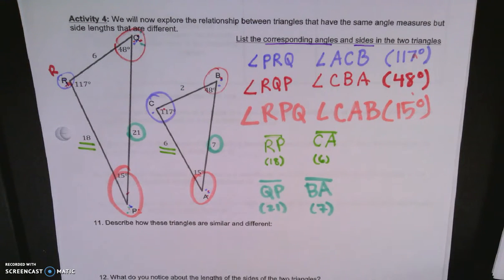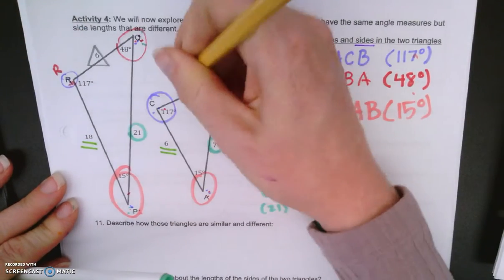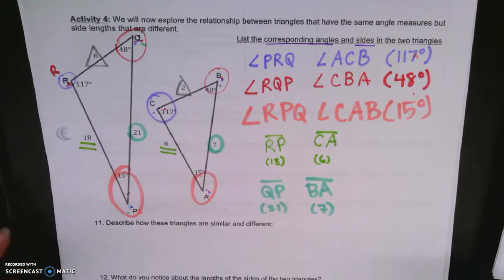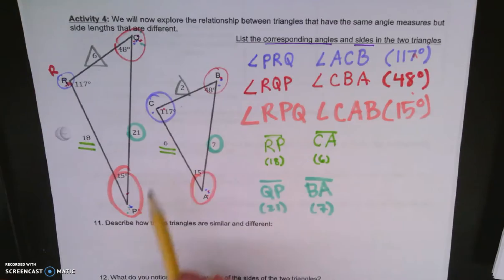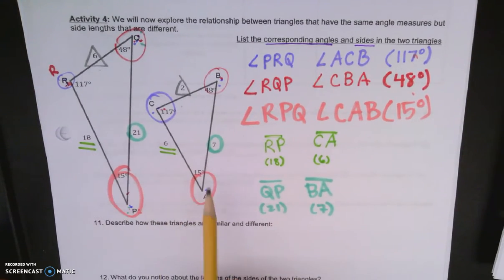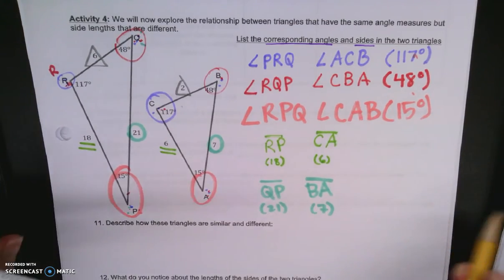And we have one more corresponding side, and those paired corresponding sides would be 6 with 2. Notice I like to sort my corresponding sides with either shapes or double underlines or single underlines, and that's going to be helpful when we look at scale factors.